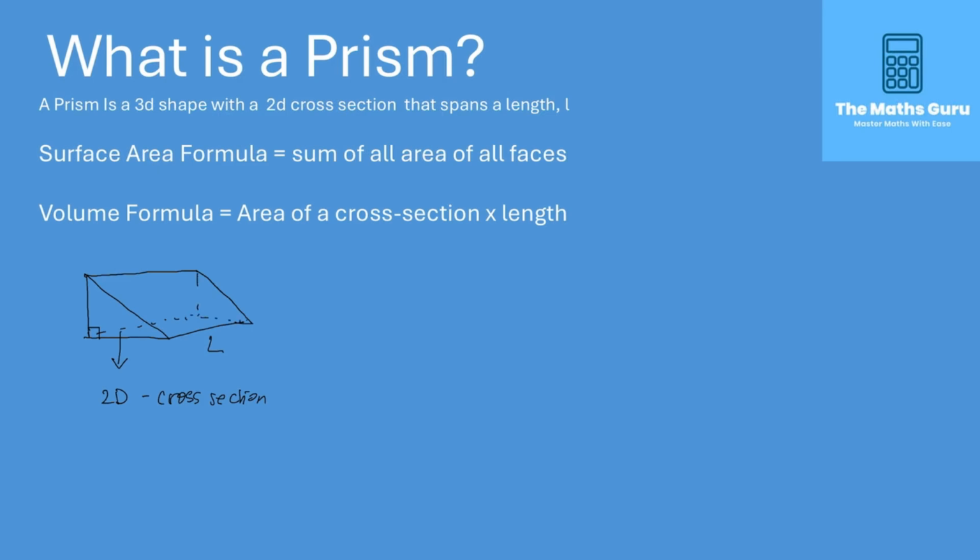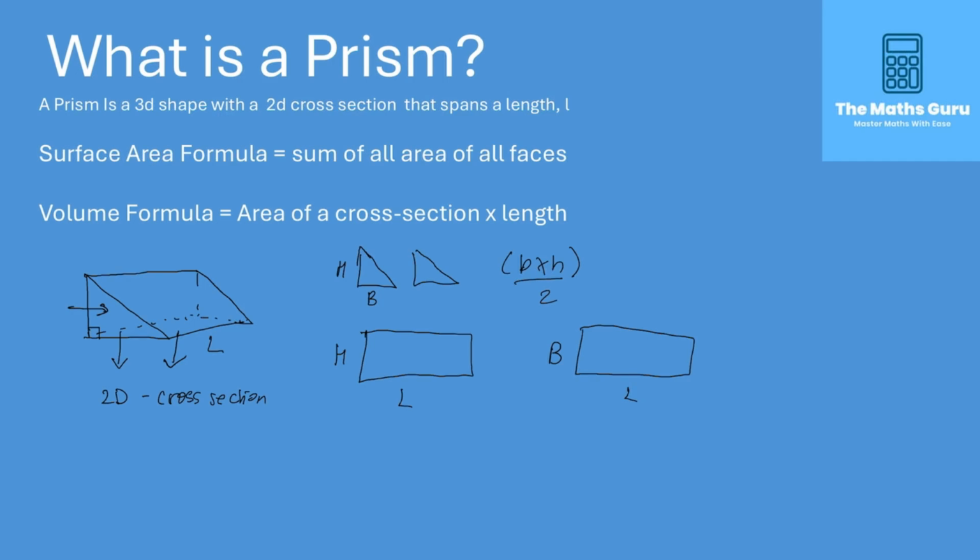So if you just think about it, we have our two triangles. We'd work out the area of these, doing base times height over 2. Then we have this rectangle here at the back, which is going to be the length times the height of our triangle. Then we have the bottom rectangle, which is going to be length times base.